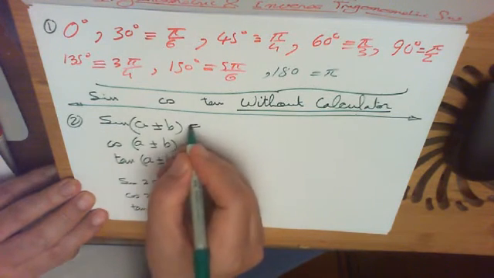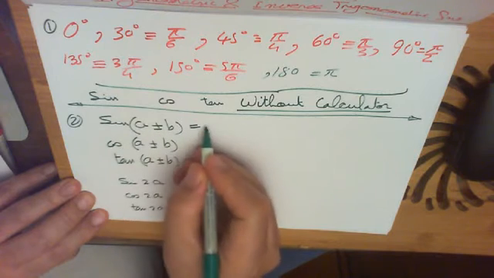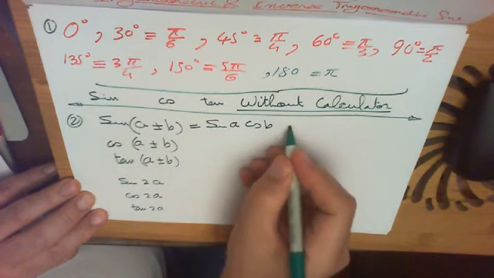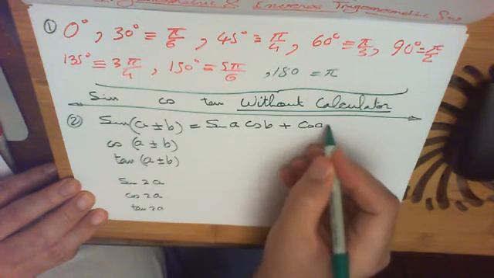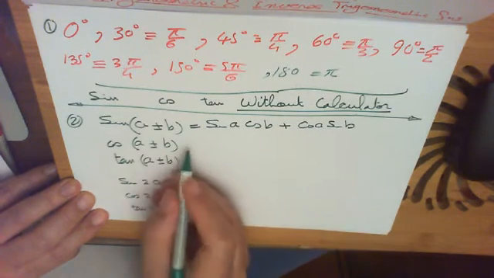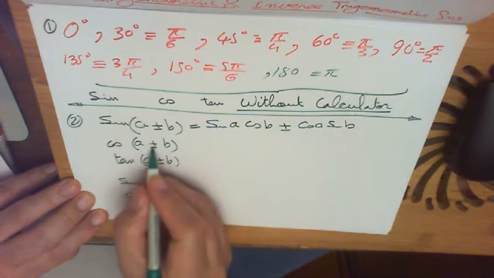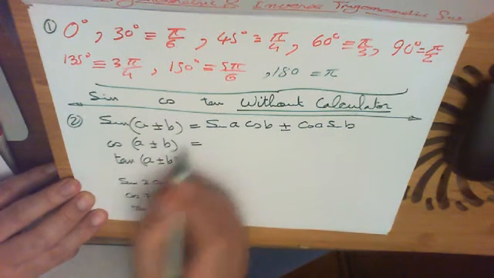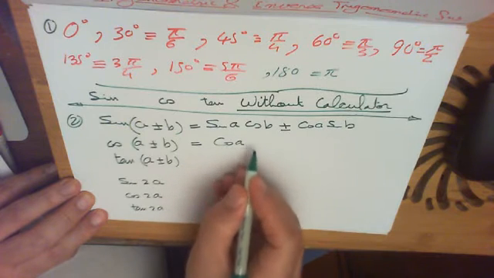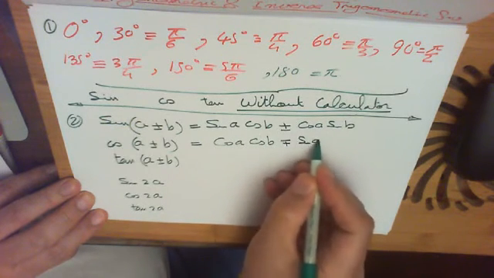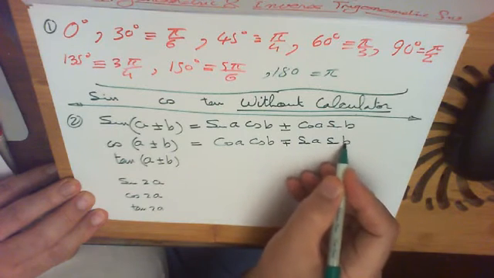If we have the sum of two angles, we have sine the first, cosine the second, plus cosine the first, sine the second. If it is minus, it's minus. This is reversed in case of cosine: cosine the first, cosine the second, minus plus sine the first, sine the second.